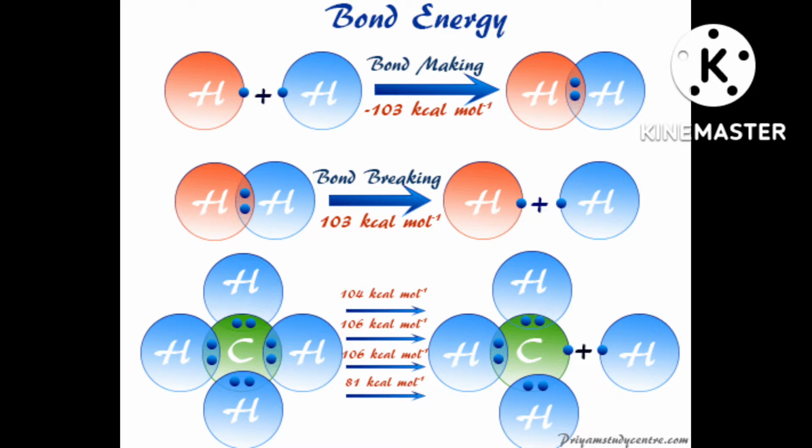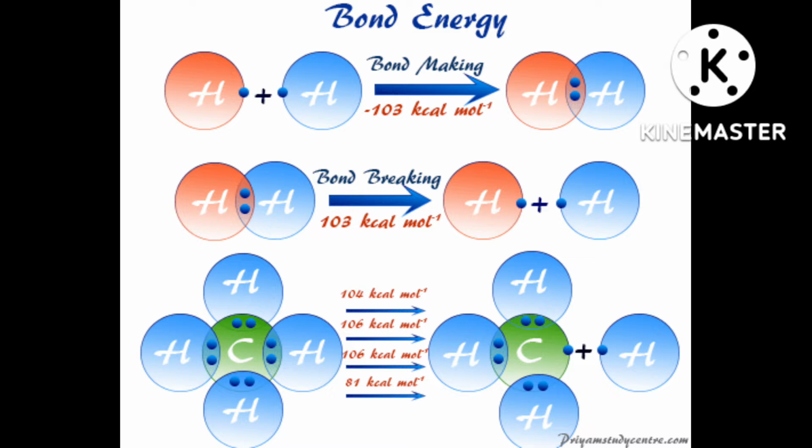Both are gaseous. H2 is already a gas, and when it breaks it will give 2 atoms of H gas. Okay. And at that time it requires 435.0 kilojoule per mole.